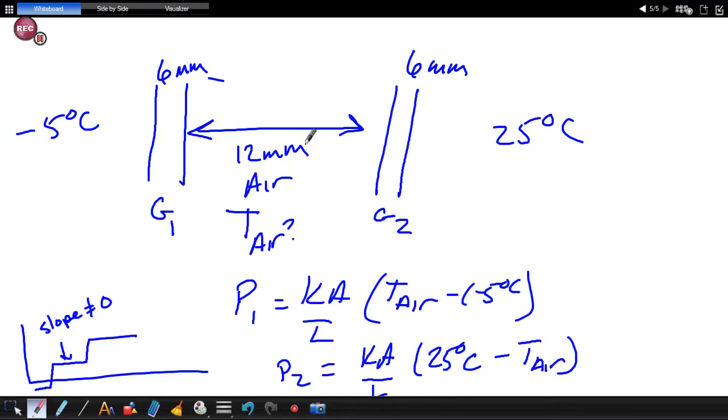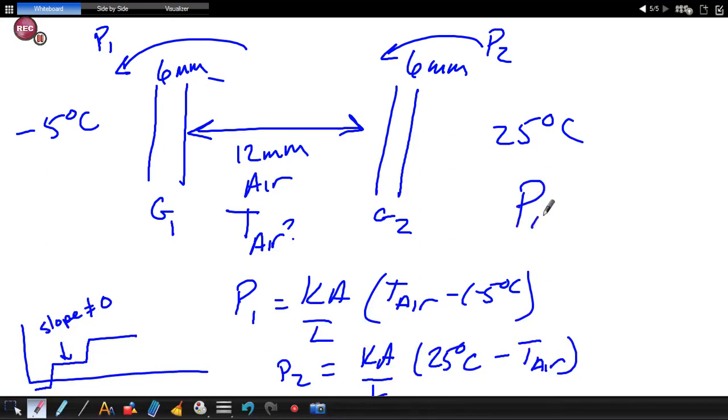But the point of it is that the power that goes through here, P2, has to equal the power that goes through here. If it didn't, the air temperature wouldn't be constant in here. So these things have to be equal, and so you can solve for the air temperature.